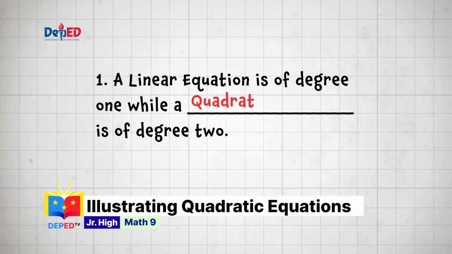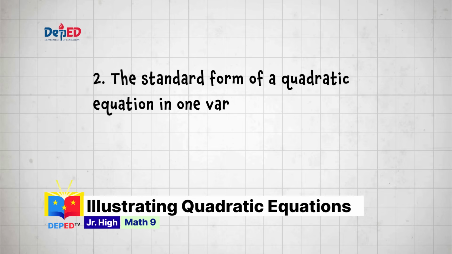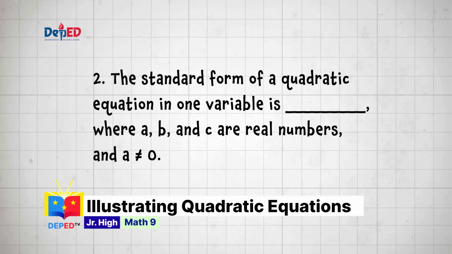Answer: quadratic equation. Statement number 2. The standard form of a quadratic equation in one variable is blank, where a, b, and c are real numbers, and a should not be equal to 0. Answer: ax squared plus bx plus c equals 0.